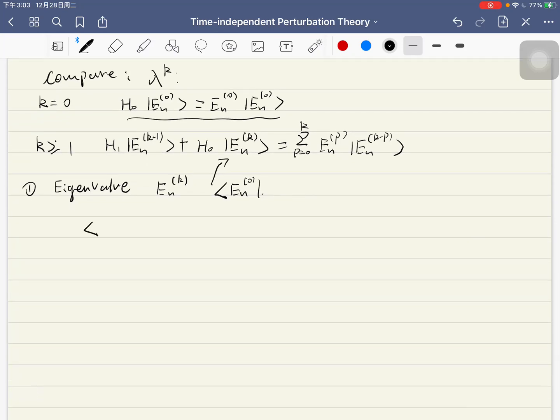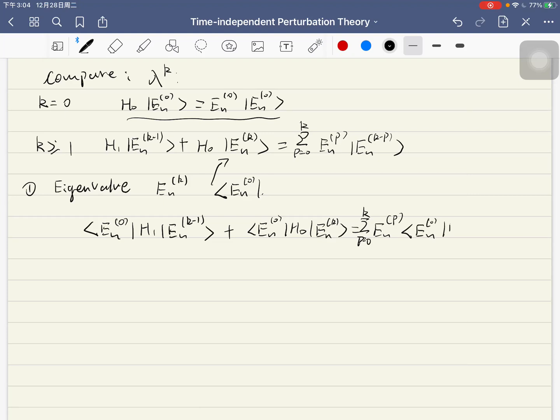We have <n0|H1|n(k-1)> plus <n0|H0|n(k)>. The first term cannot be simplified.